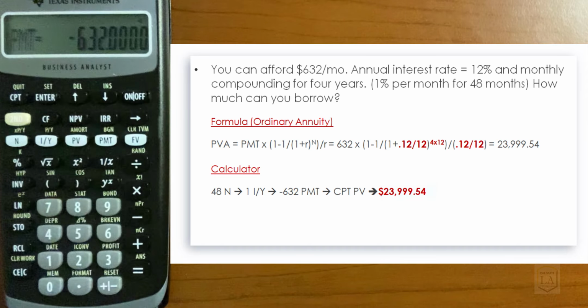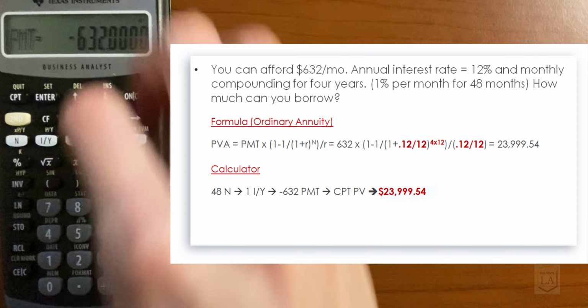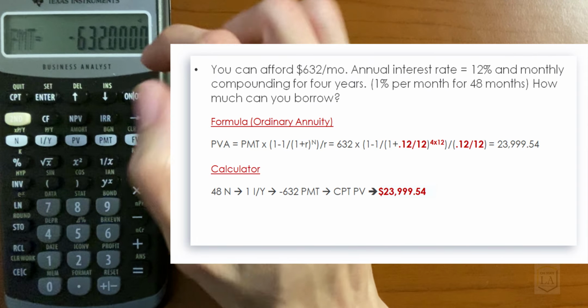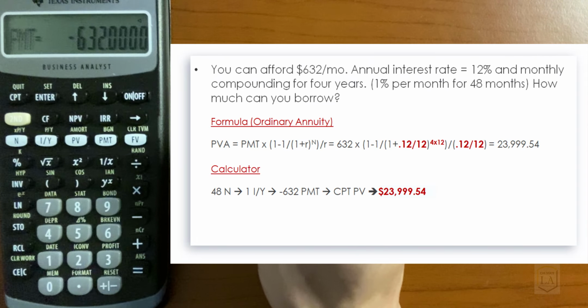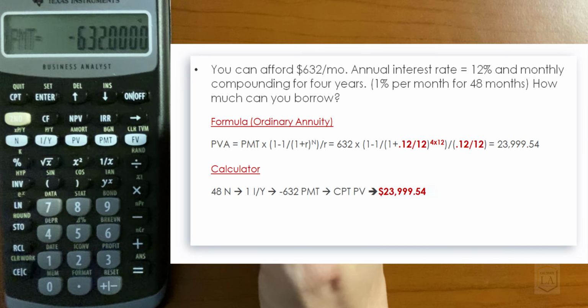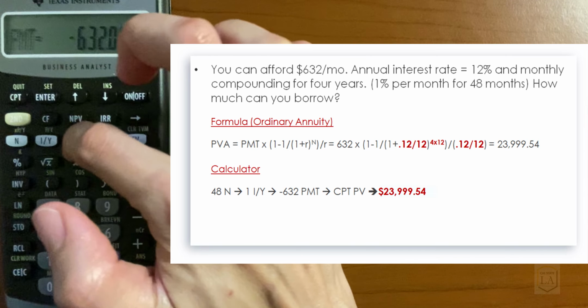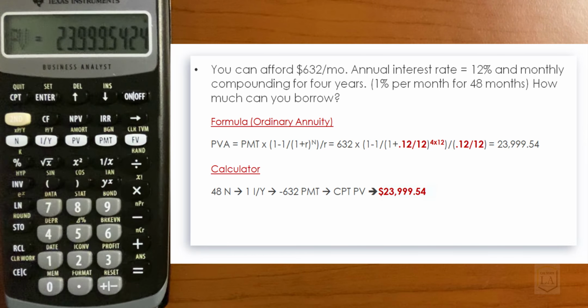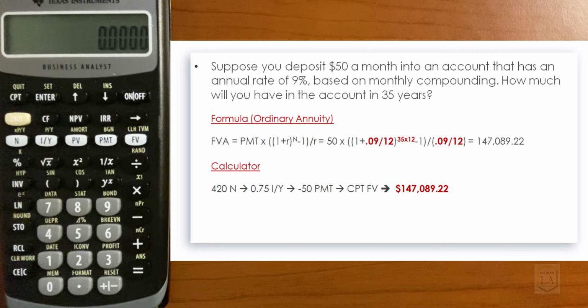Finally, you're ready to compute the present value, which is the amount that you can borrow at the moment. That gives you 23,999, which is similar to 24,000.